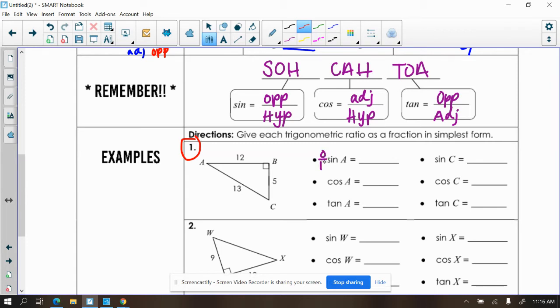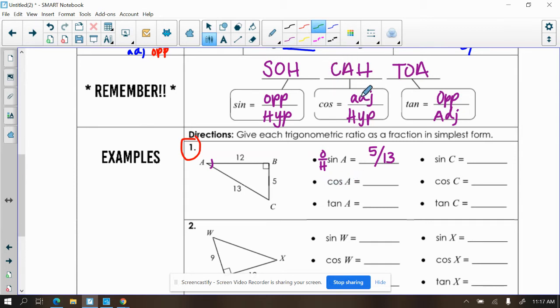Sine is opposite over hypotenuse. Put a little note next to it. So we're looking at angle A. My opposite is 5. My hypotenuse across from the right angle, always that diagonal one is how we can tell, that hypotenuse over 13.